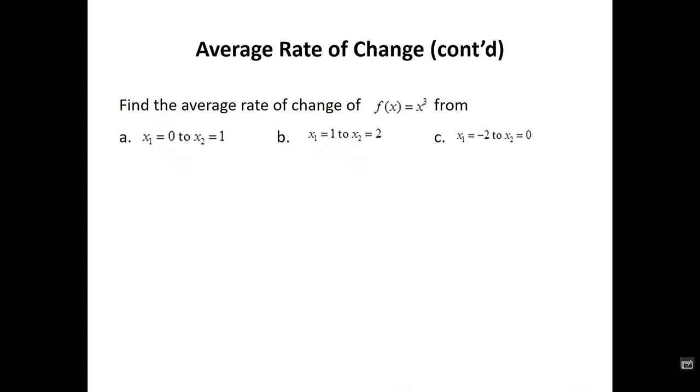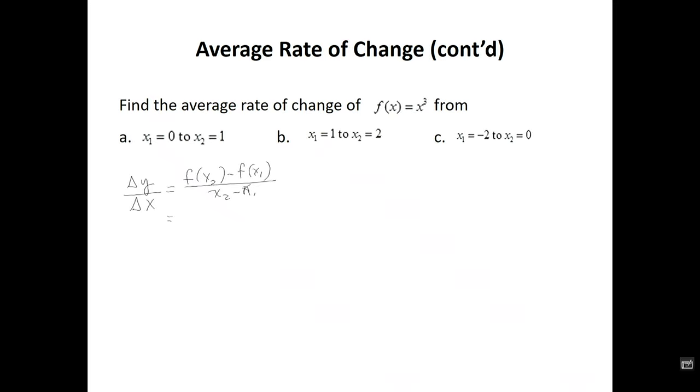All right, so let's do that. We defined the average rate of change of a function to be delta y over delta x. Delta y we define to be f of x sub 2 minus f of x sub 1, all divided by the change in x.